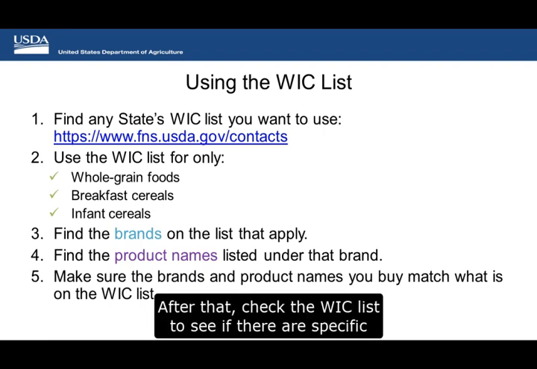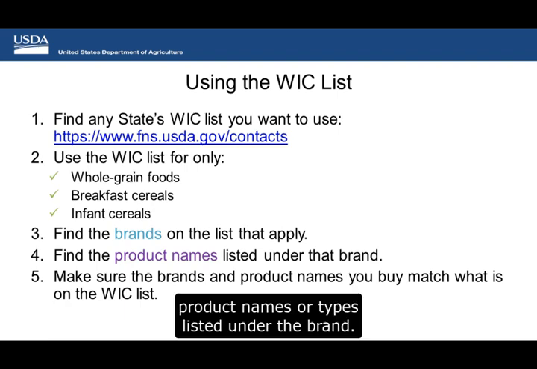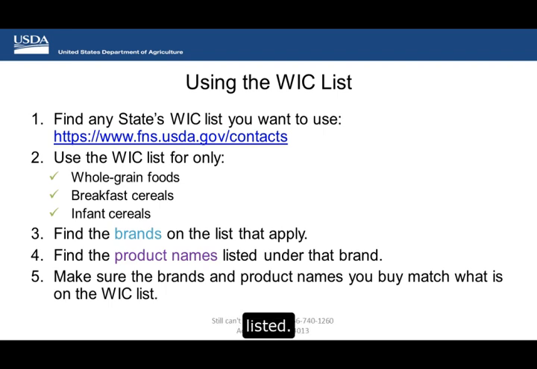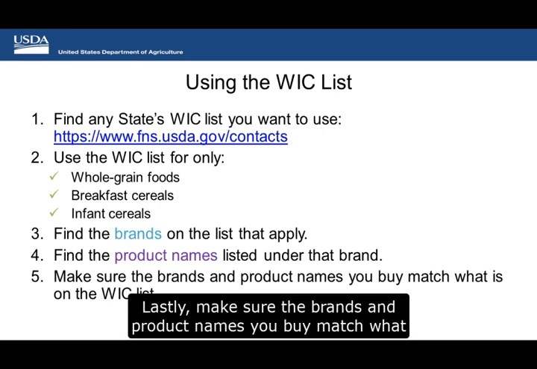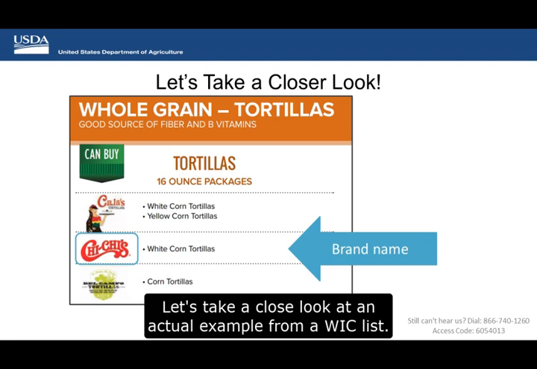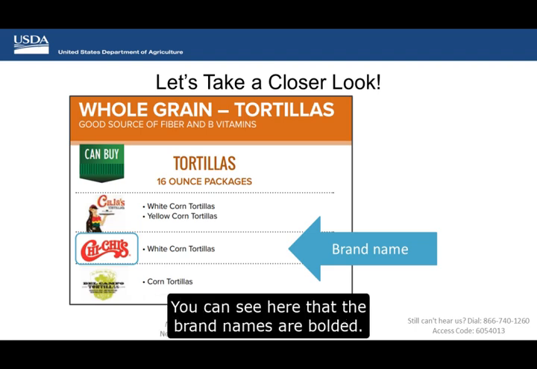After that, check the WIC list to see if there are specific product names or types listed under the brand. If so, be sure to choose only the product names or types listed. Lastly, make sure the brands and product names you buy match what is on the WIC list. Okay, so let's take a closer look at an actual example from a WIC list. You can see here that the brand names are bolded.